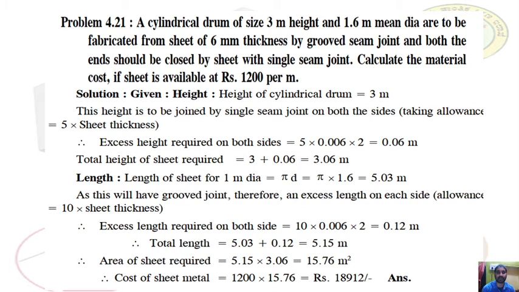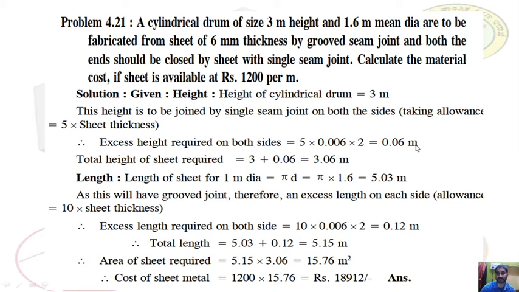The cylindrical drum size is 3 meter height. Height is a fixed one, 3 meter height. For that we need to add some extra material for making grooves. That is, height wise we have to add 5 into thickness into 2 times, top side and bottom side. So extra material required in case of height is 5 into thickness of the sheet, that is 6 mm, and 2 sides.